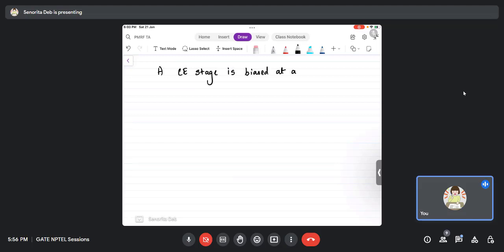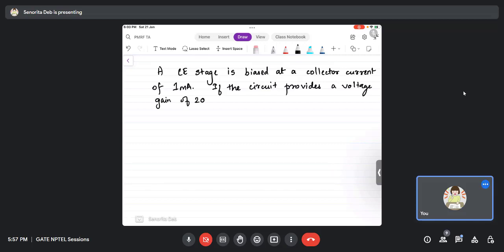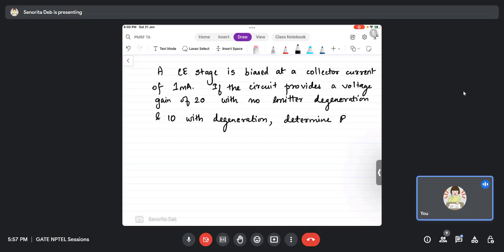A CE stage is biased at a collector current of... If the circuit provides a voltage gain of 20 with no emitter degeneration and 10 with emitter degeneration, determine RC, RE and input and output impedances for beta 100.